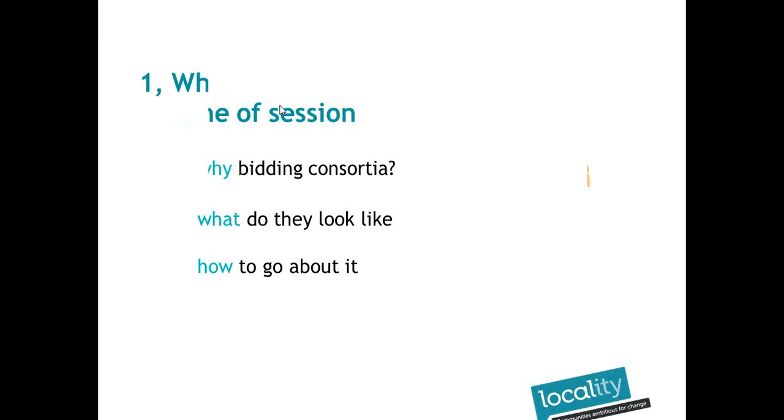Okay, so to start off, the first section we'll have a look at why bidding consortia might be the answer. Commonly, a lot of people are looking at it now. Is it the best thing since sliced bread? Well, not necessarily, but it is a viable option for a lot of organisations out there. It is an attractive option, but you do have to go into it with your eyes open.